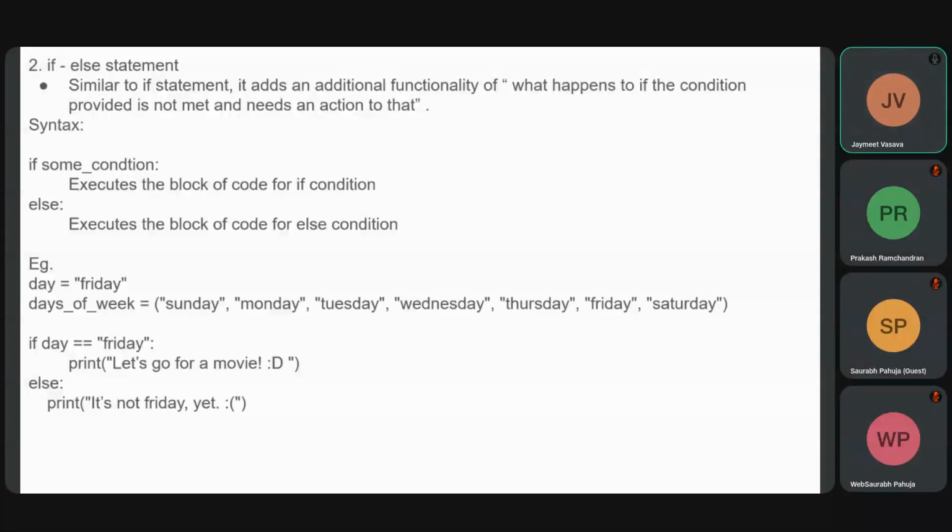For that we use if else statements. The if part of the if else statement stays the same: if some condition, and its own block of code. After that block of code, an else statement with the same alignment as if is used, with a colon, and then its own block of code that is to be used whenever the if condition is not met and another action is needed.